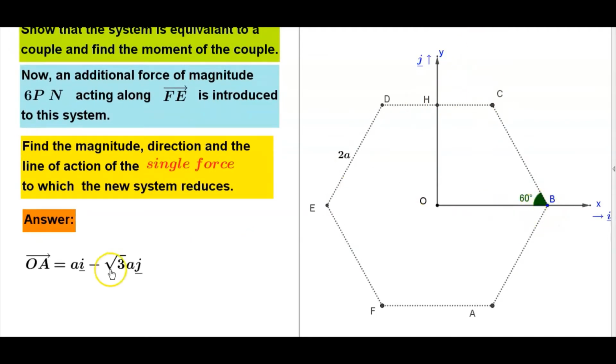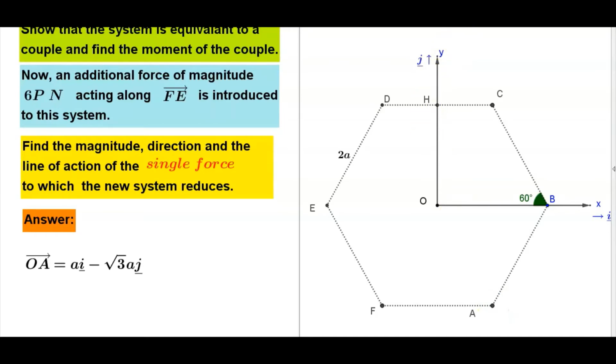This angle is 60 degrees, and the position vector of point A is ai minus root 3aj. So the coordinates of point A are a, minus root 3a.